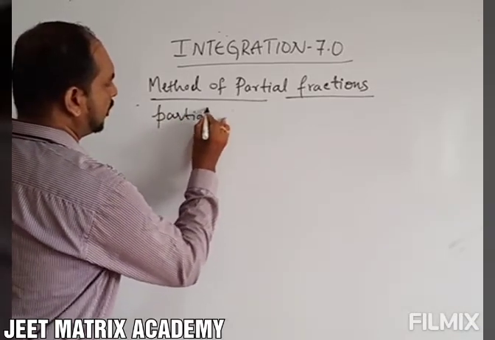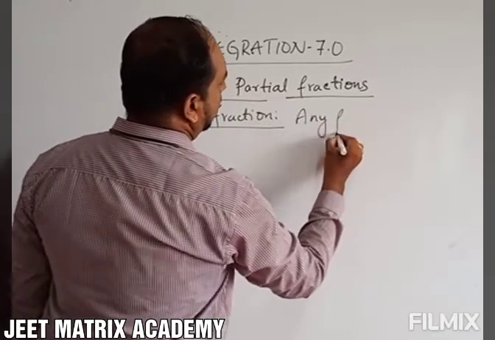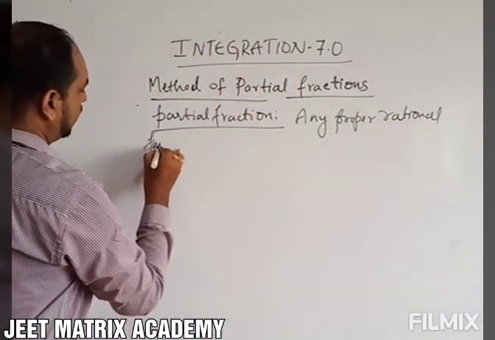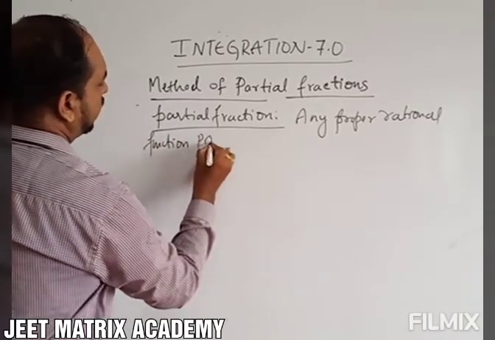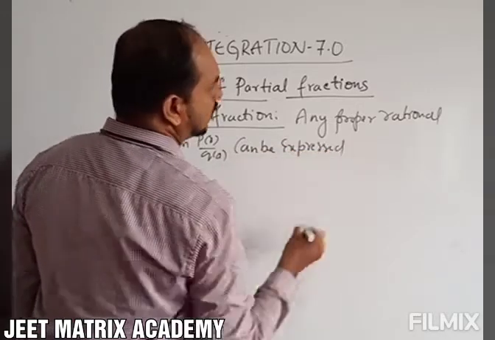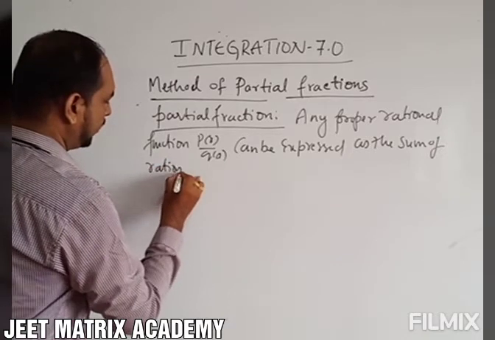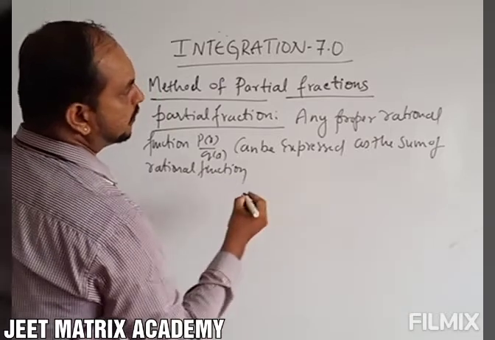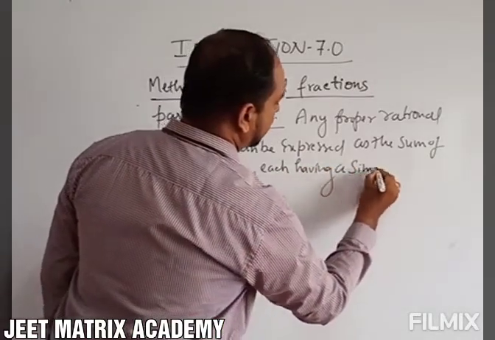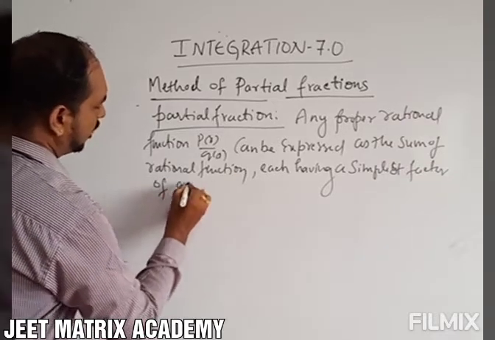Partial fraction. Any proper rational function p of x by q of x can be expressed as a sum of rational functions, each having the simplest factor of q of x.